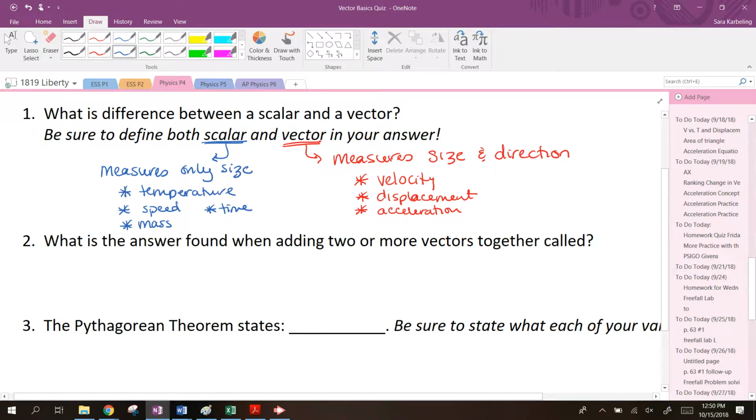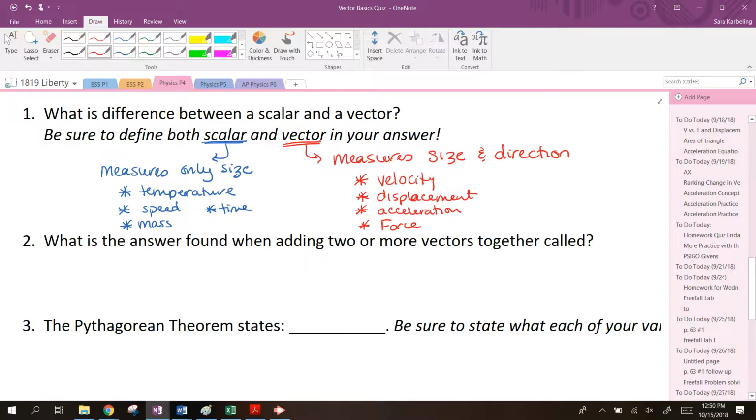For sure. Other things that measure both size and direction, another one that we're going to talk about a lot soon, next unit. We haven't really mentioned this word before, but force is also a vector. These are the ones that we're going to focus on right now. This is just another one that's coming to you soon. Okay, from a physics class near you.